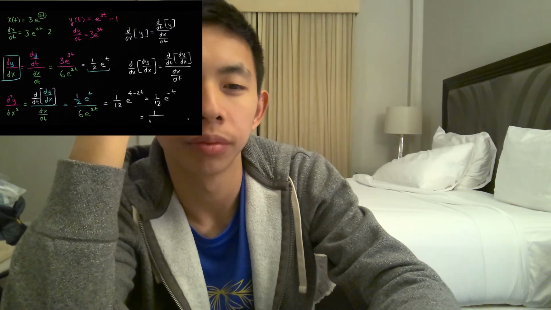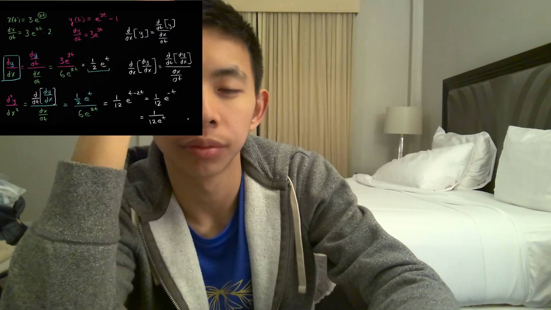Which is equal to, we could write this as 1/12 e to the negative t, or we could write this as 1 over 12 e to the t, and we're done.